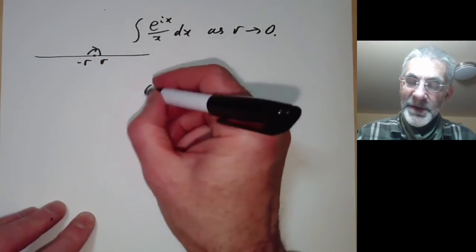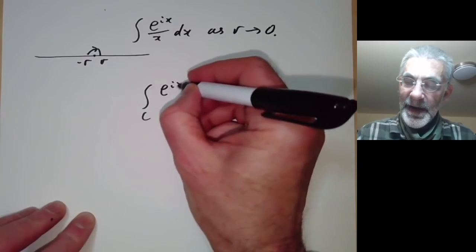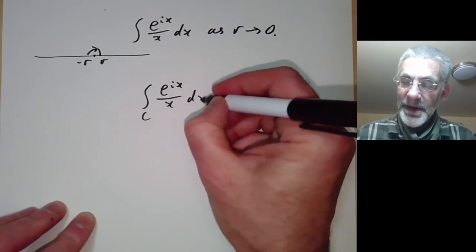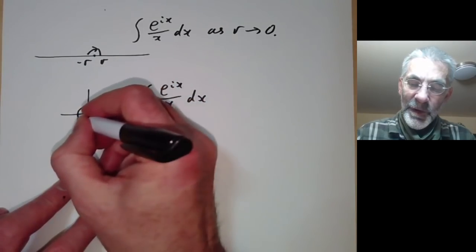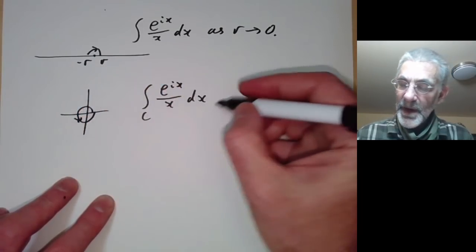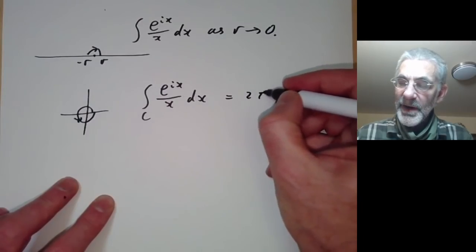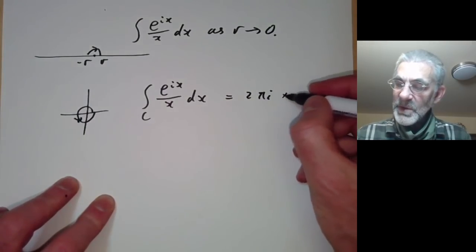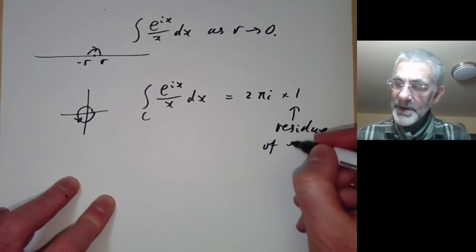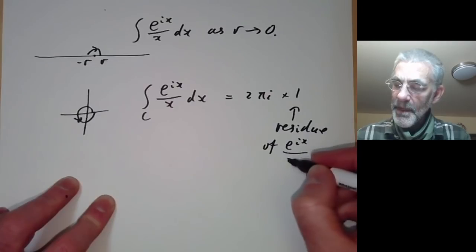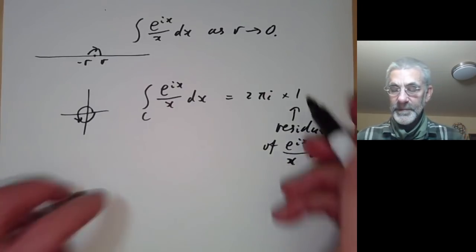First of all, we notice the integral over c of e to the ix over x dx, where c is a circle going all the way round the origin, is just equal to 2 pi i times 1, where this is the residue of e to the ix over x.